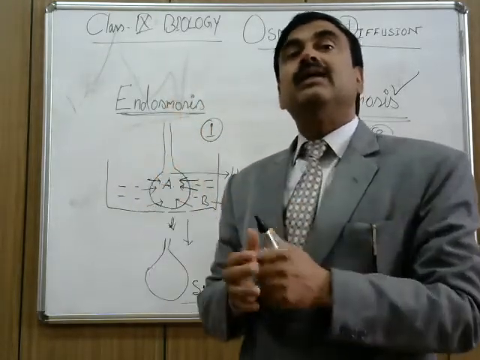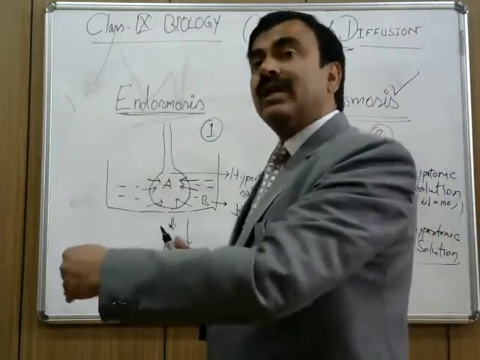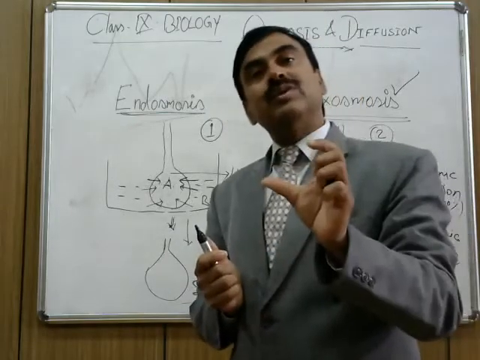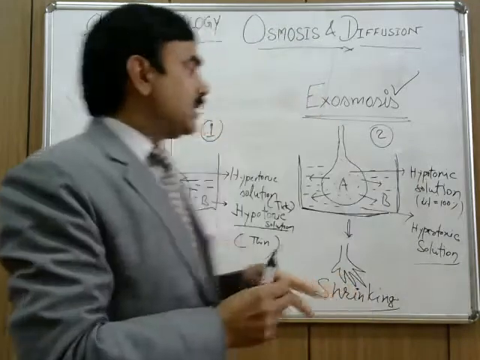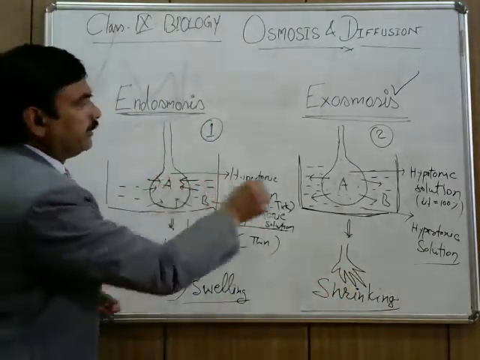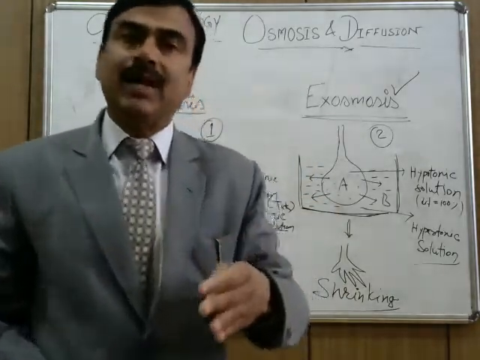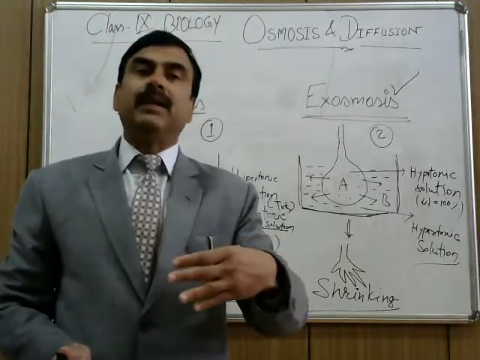That is why it will move from higher concentration to lower concentration till equilibrium. In osmosis, the plasma membrane is very much required, and in diffusion, there is no need of plasma membrane.